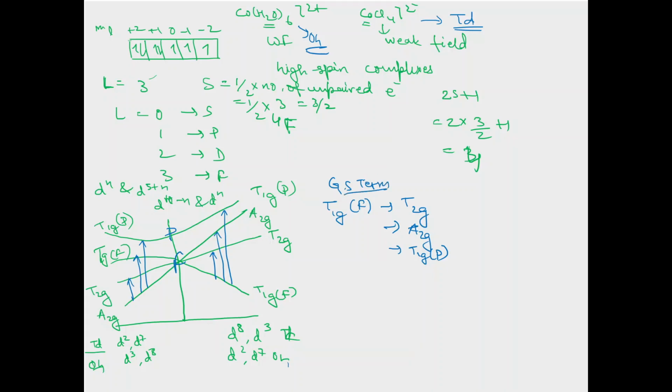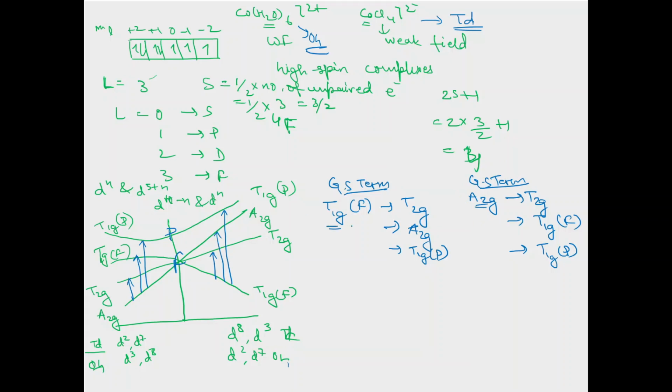whereas for the d7 tetrahedral one, the ground state term is A2g, and the transitions are from A2g to T2g, A2g to T1g(F), and A2g to T1g(P). So the ground state for [CoCl4]2- will be A2g.